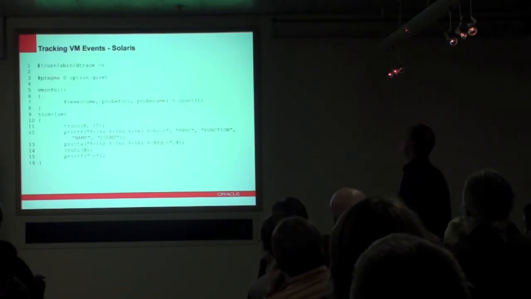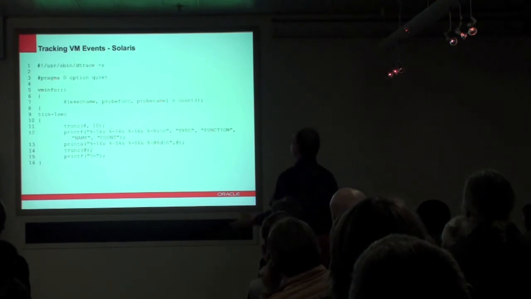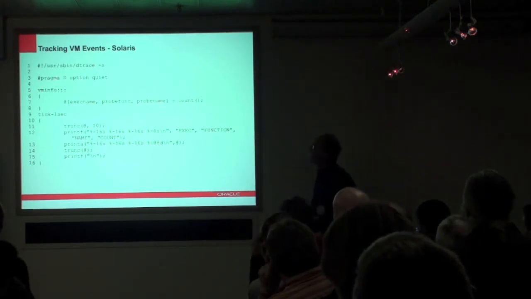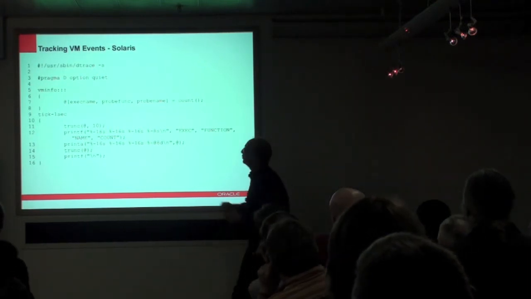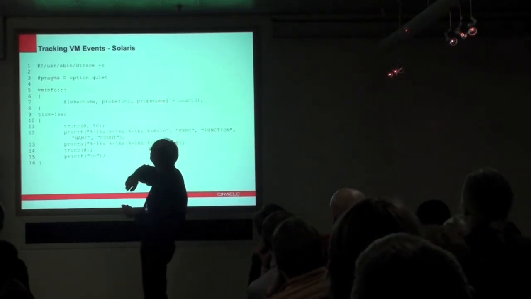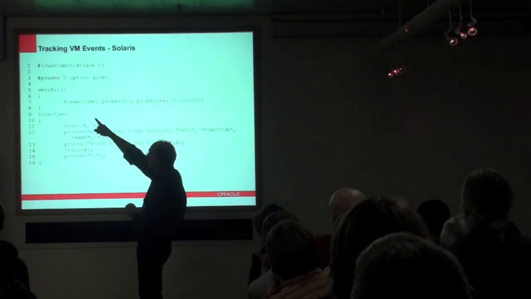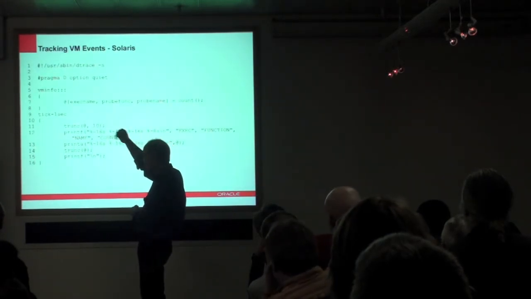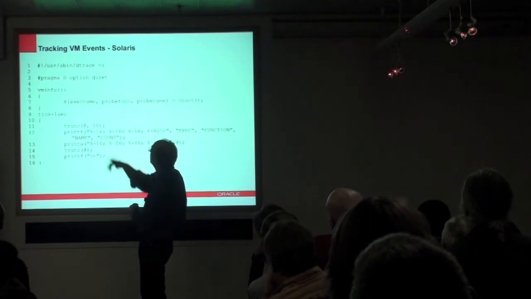Yeah, tracking VM events. Here it is. So, this is just a little bit higher level. I'm going to use the vminfo provider. This is a D script, by the way. So you can see, like any script you run on a Unix machine, it always begins with a shebang, the hash and exclamation point, and then the name of the interpreter, which in this case is dtrace.